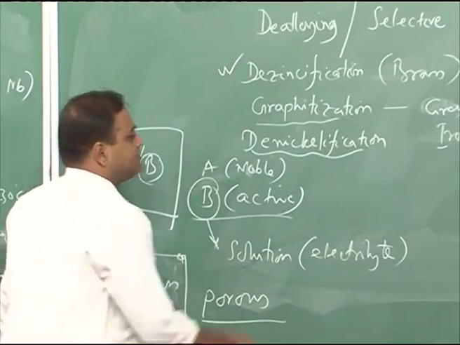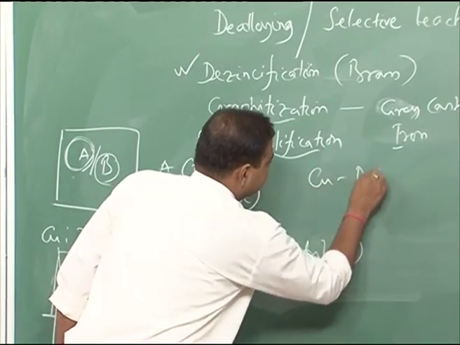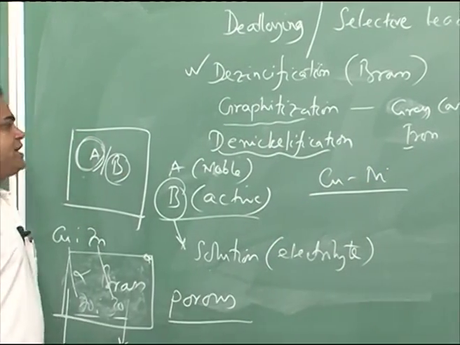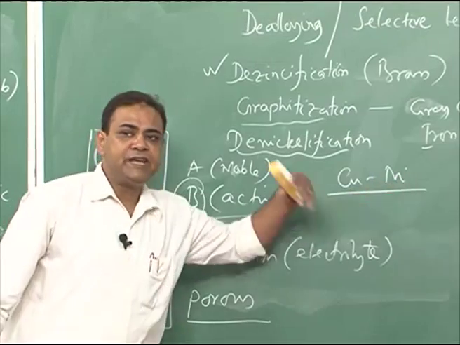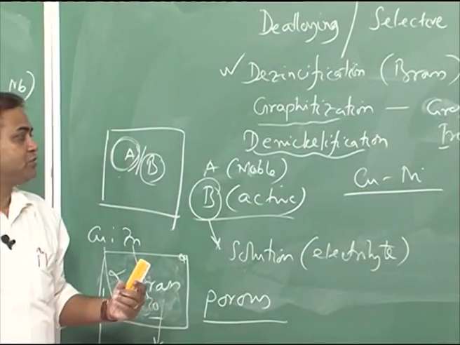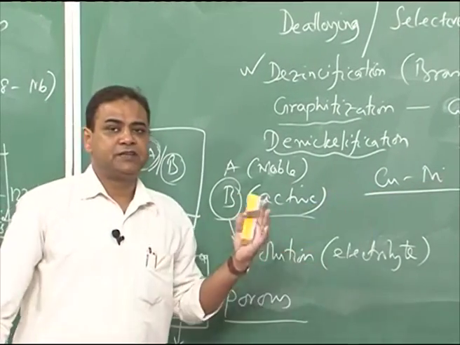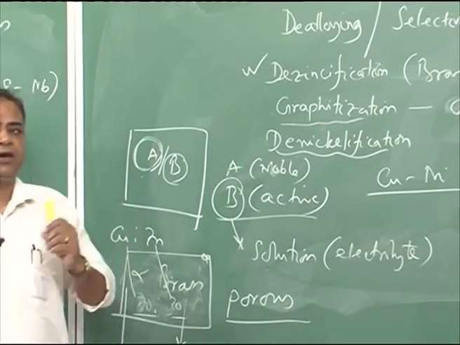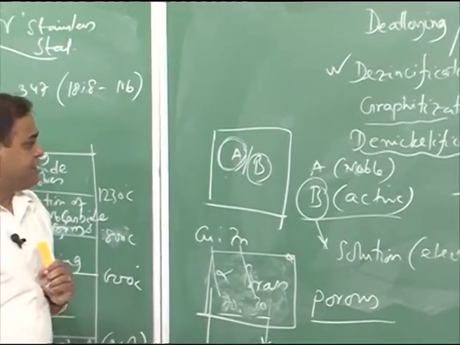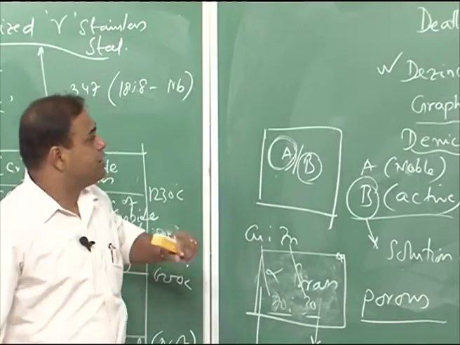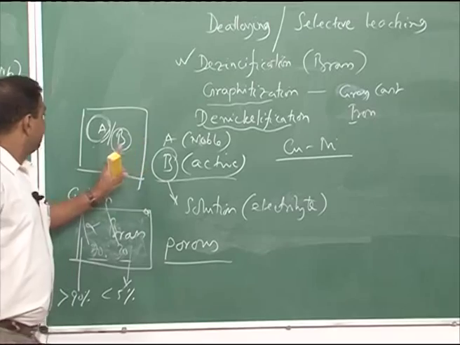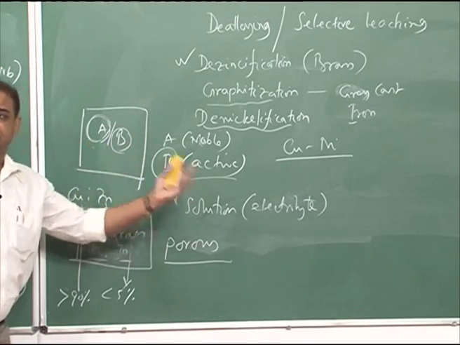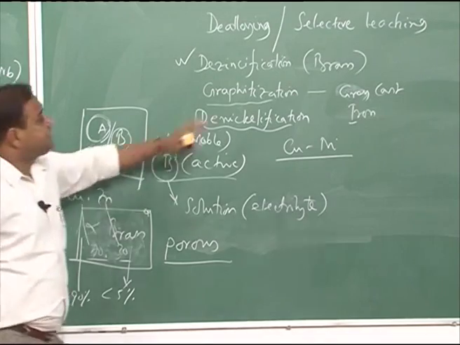And denickelification is nothing but, in case of copper nickel system, we can experience preferential dissolution of nickel, and copper content in the alloy increases. So, this is basically the dealloying, which means one of the elements goes into solution preferentially, or selective leaching.